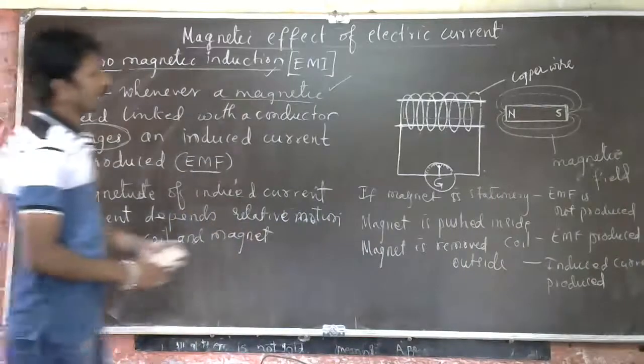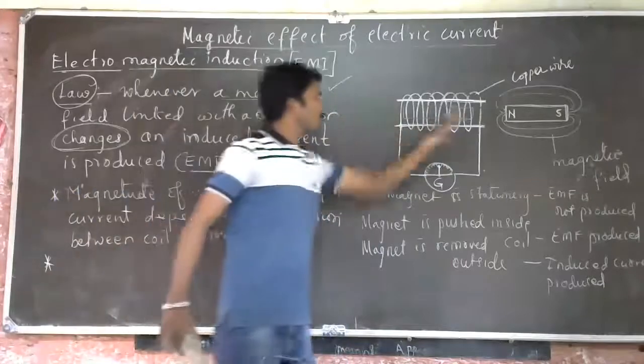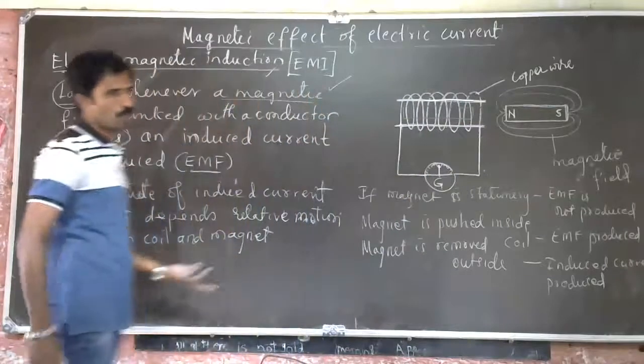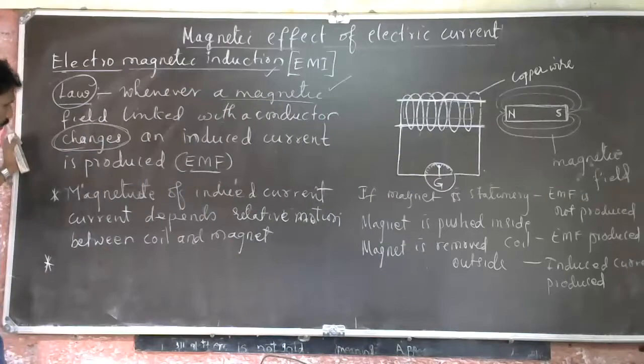If the relative motion between the coil and the magnet is more, more EMF is produced. Understood?